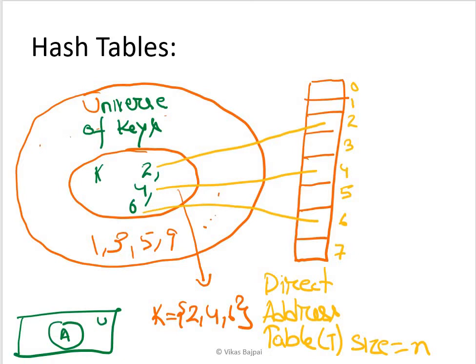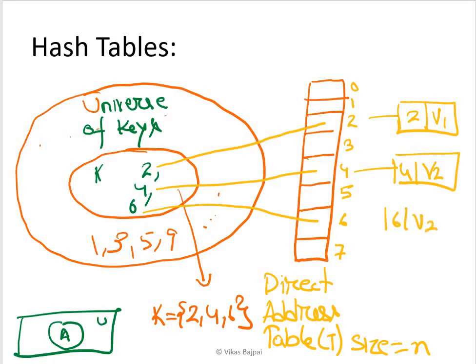And in return, I have key 2 with a value v1, a data value; key 4 with v2; and key 6 with v3. So these are your key values, and these are your data values.